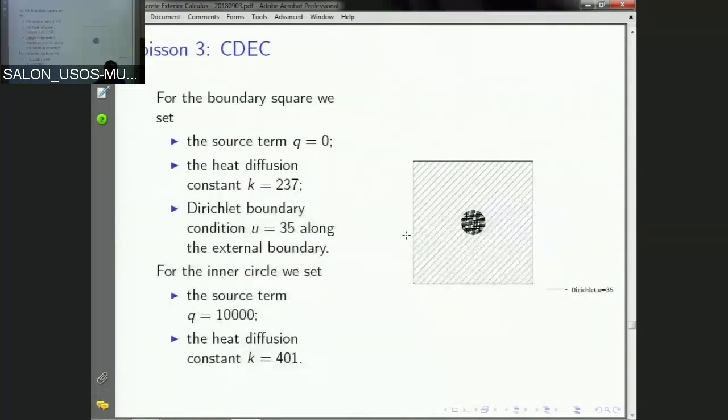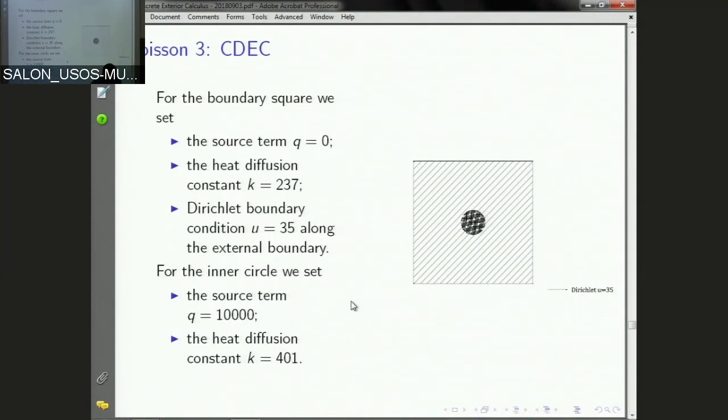Then we took another one in which we consider heterogeneity of the domain. We have two materials, one for most of the square and another one in the disk in the middle, okay, with the different boundary diffusion constants and boundary constants. Okay?